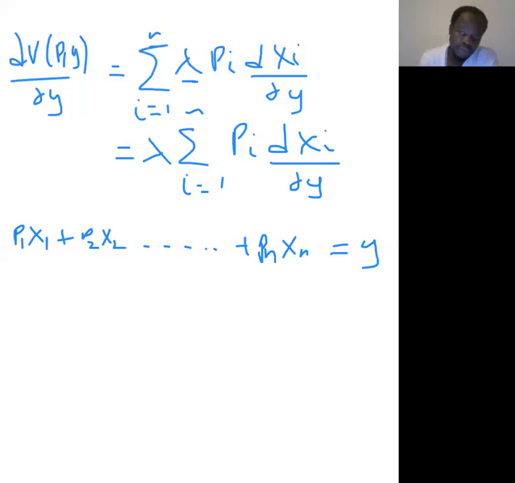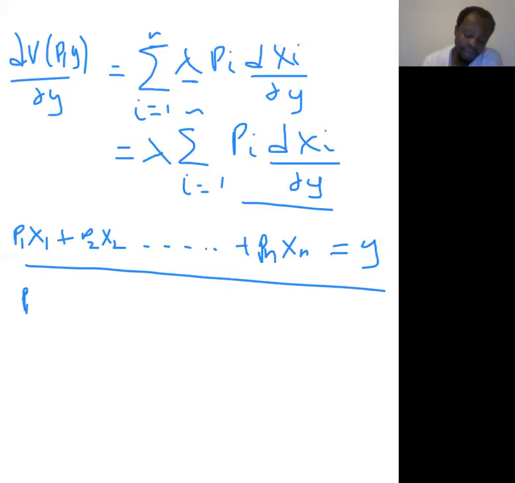I'm looking at what happens to x1, x2 when our income changes, so I'm going to differentiate this expression with respect to income. So I'll have p1 dx1/dy plus p2 dx2/dy plus pn dxn/dy.